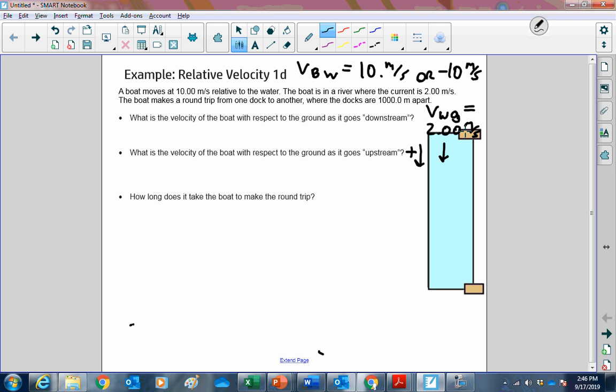As it goes downstream, the velocity of the boat with respect to the ground is equal to the velocity of the boat with respect to the water plus the velocity of the water with respect to the ground. Notice here that these subscripts match. That's a good sign that I've written my equation correctly.